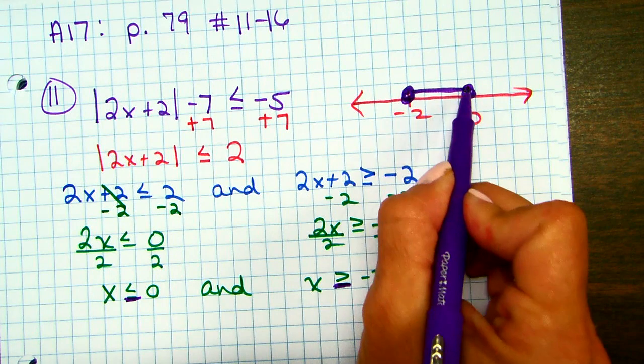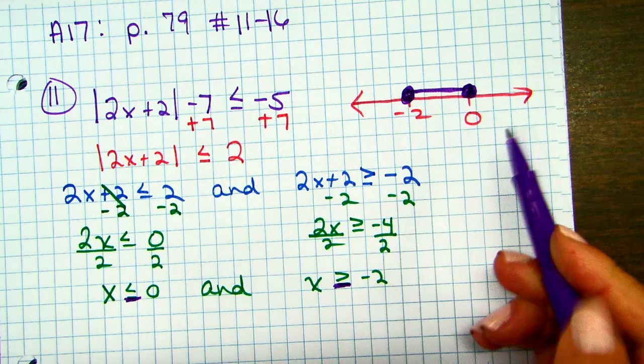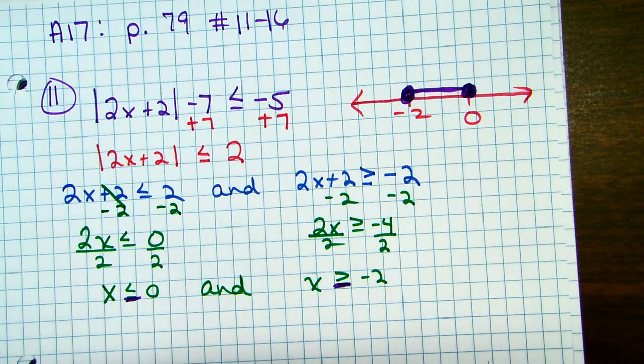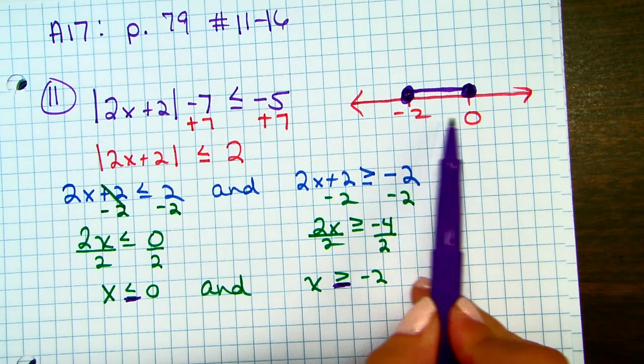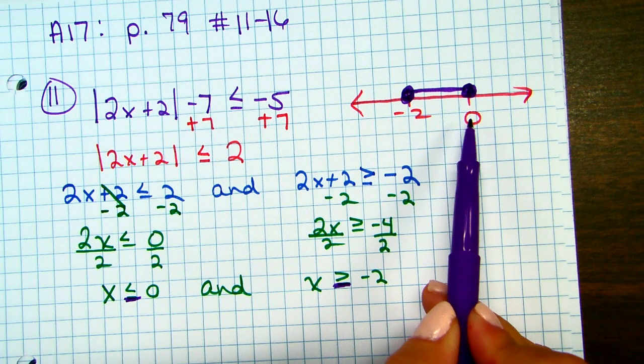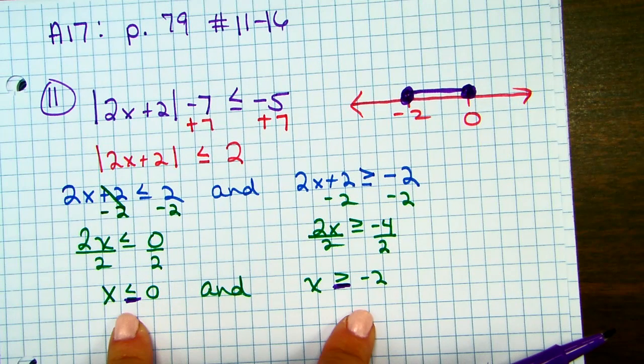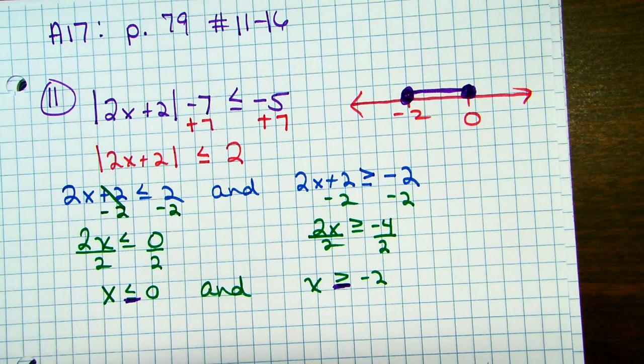That's the numbers in between those two. Most of the time, an and problem will look like that. Could be open circles or closed, but it'll have the segment in between. That means all the numbers between negative 2 and 0 meet this criteria. Less than 0 and greater than negative 2. Good?